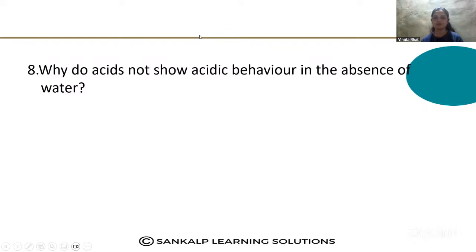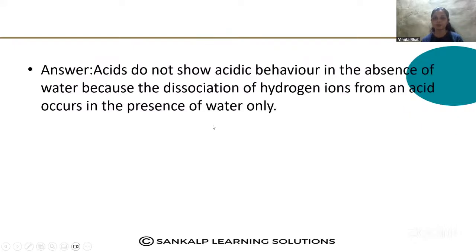Acids do not show acidic behavior in the absence of water because dissociation of hydrogen ions does not occur. Only when the H plus ions are formed are they able to show the acidic property. In the absence of water, H plus ion formation is not possible.